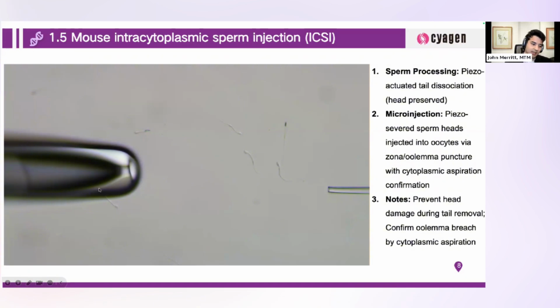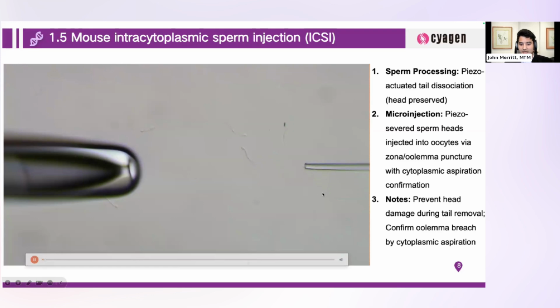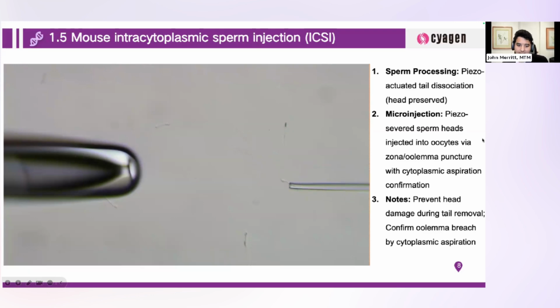And so basically in this procedure, we literally take a micropipette and suck up the little sperm, and then we remove the tail to prevent damage. And then I think I'm going to get three of them here, and then we go over to the mature egg, and then we inject it into the cytoplasmic region of the egg.